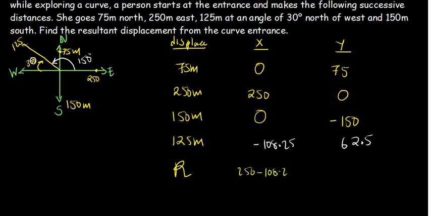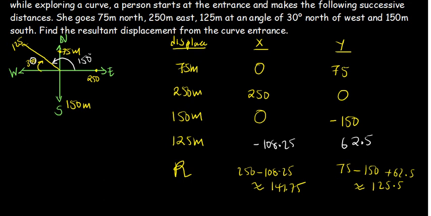This is going to give you something like 141.75. Now the y components: 75 minus 150 plus 62.5. This will give you something like negative 12.5.